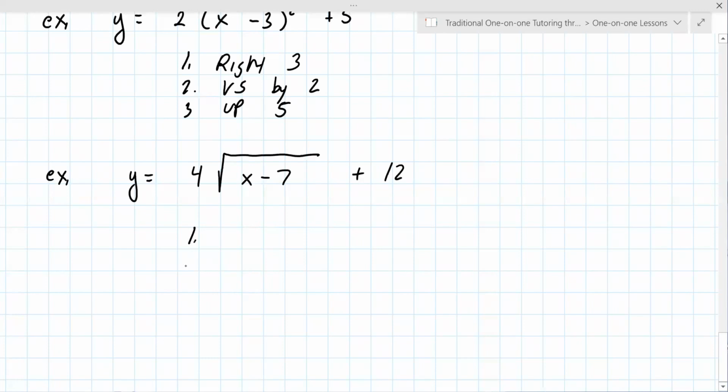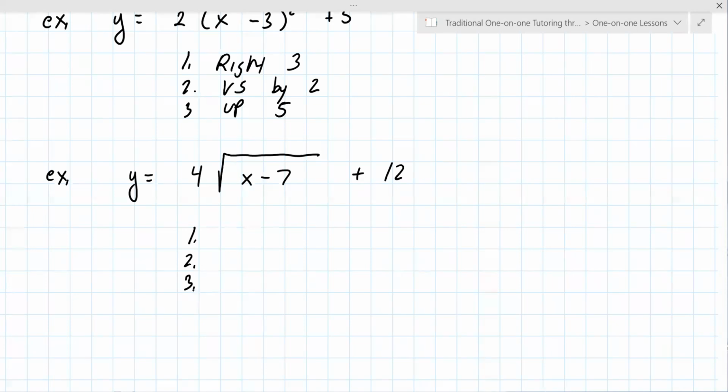This one also has 3 transformations. Go ahead and give those to me whenever you're ready.